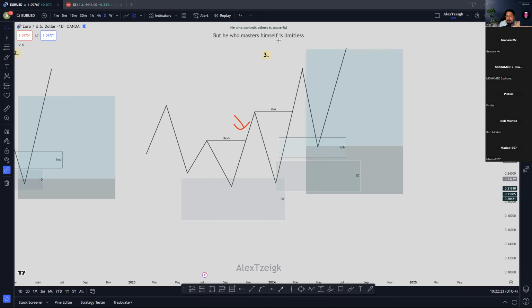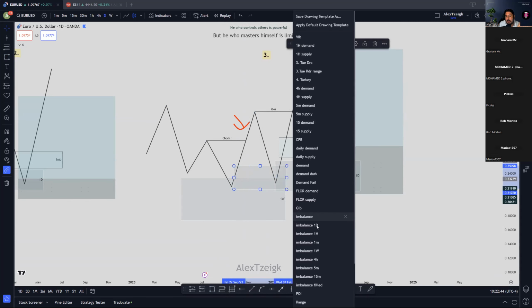That's why I added at this point, waiting for also the internal break of structure, we get one more confluence. At this point, we have also in a smaller time frame, what? We have a demand chain.